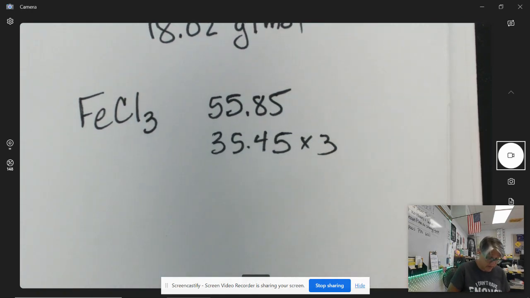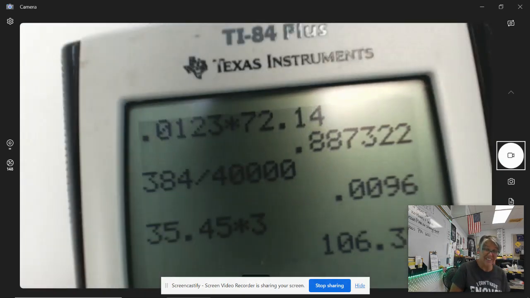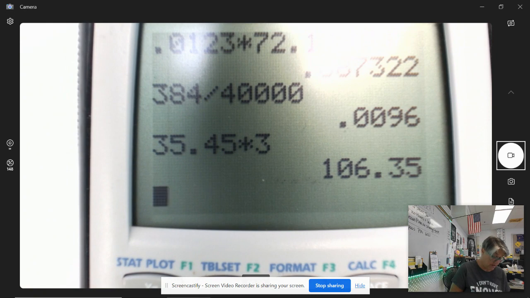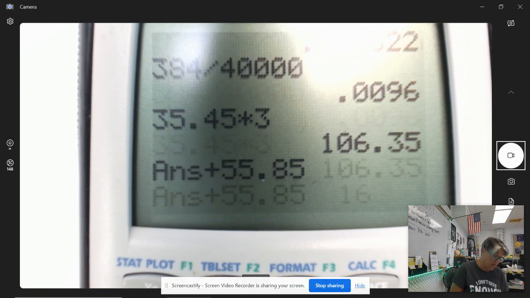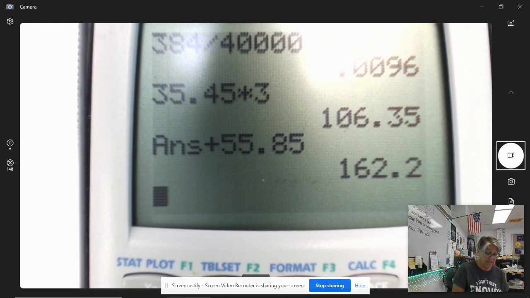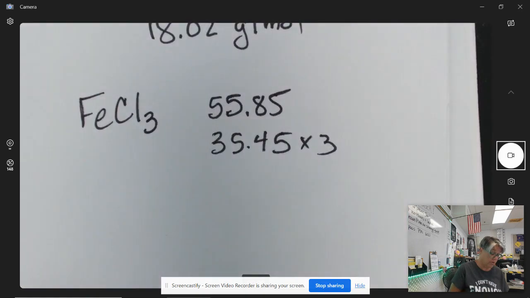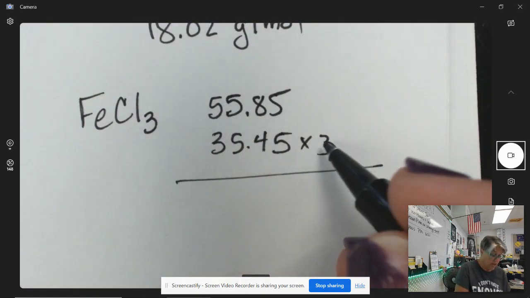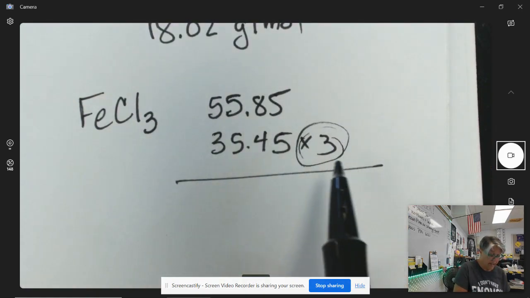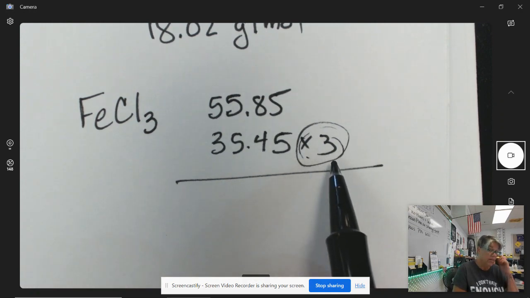In my calculator, 35.45 times 3. And then I will add that 55.85 for a total of 162.20. You want to show me that you know we're rounding to the hundredths place. Now, I just did this multiplied by 3.